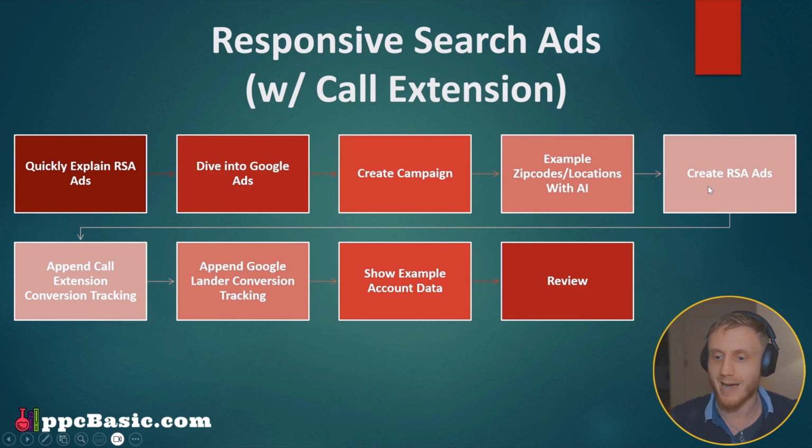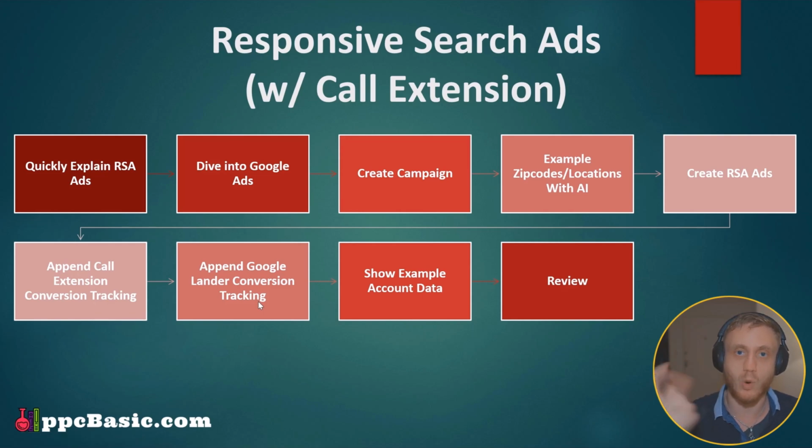And then we created our responsive search ad. Then we appended our call extension conversion for tracking. So this is if they click on the call extension on the phone number itself. And then we added our Google lander conversion tracking. So if someone lands on your landing page, then Google swaps the number for their number so that you can track conversions through their platform.